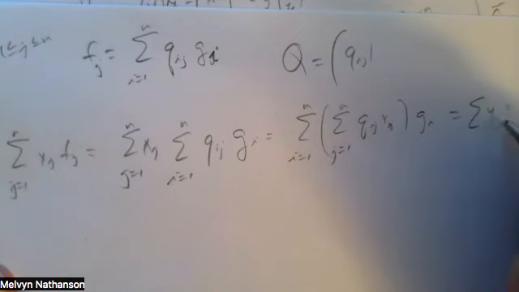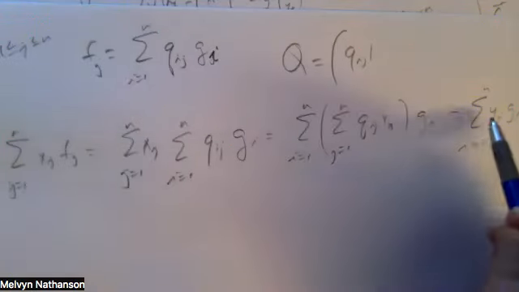I interchange summation: summation i goes from 1 to n, summation j goes from 1 to n, Qij Xj times the vector G sub i, which is summation Yi G sub i, i goes from 1 to n.